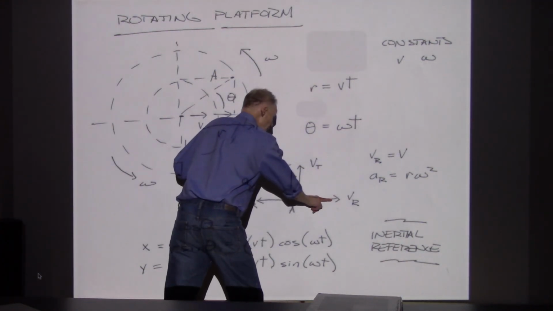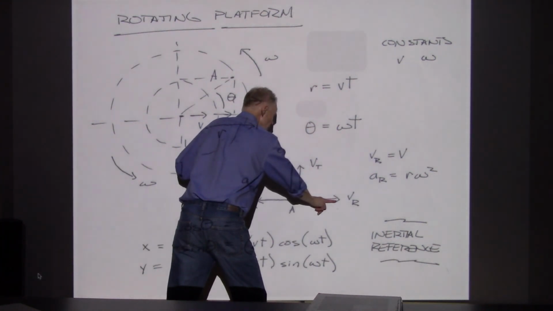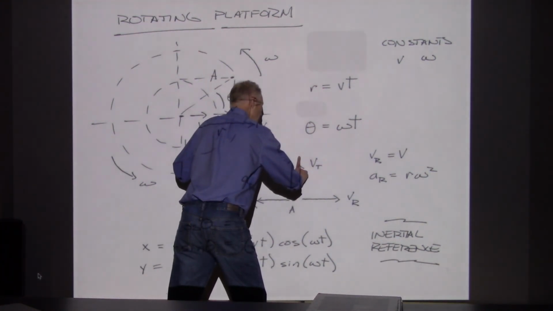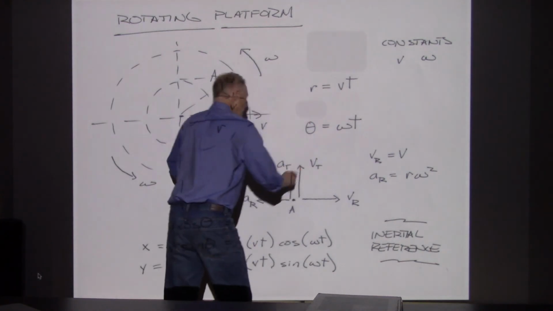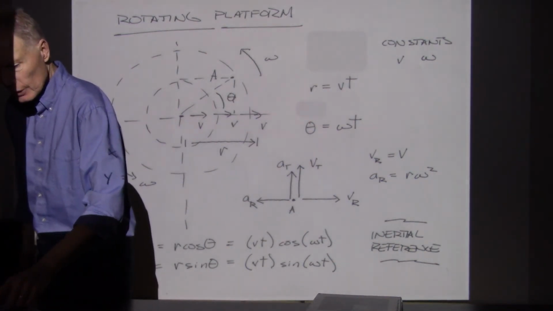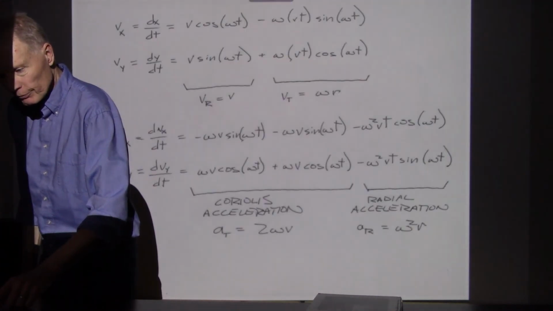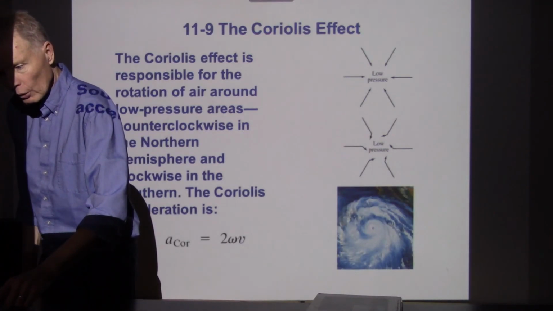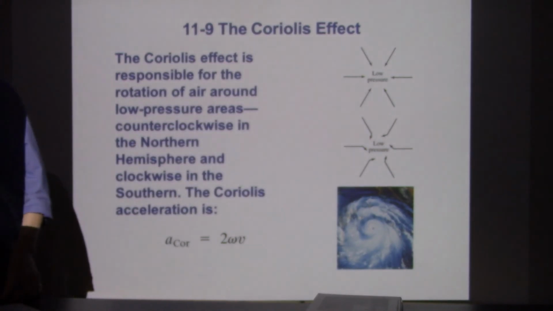So we're picking up an omega v due to this motion, and we're also picking up an omega v due to the tangential effect. Both of those end up contributing to the overall Coriolis acceleration.